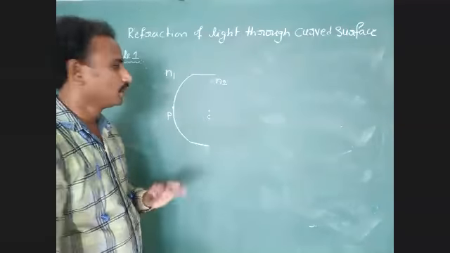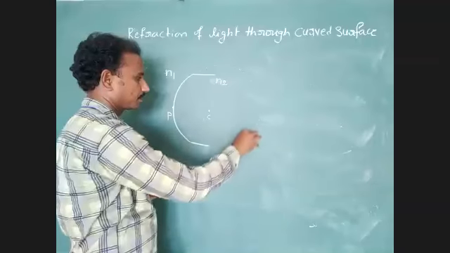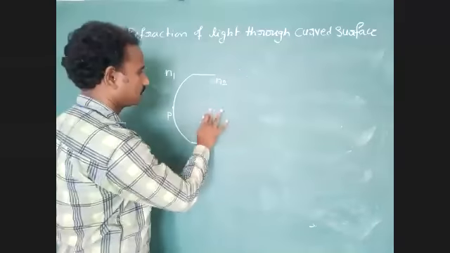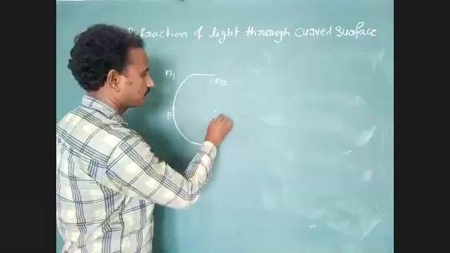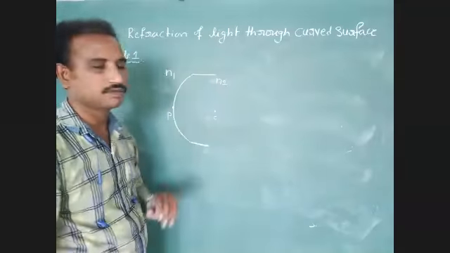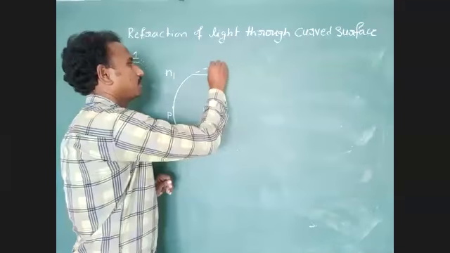Don't forget, we have to imagine one sphere. Here is one sphere. The center for this sphere is nothing but the center of curvature for this curved surface. You have to imagine this imaginary sphere.